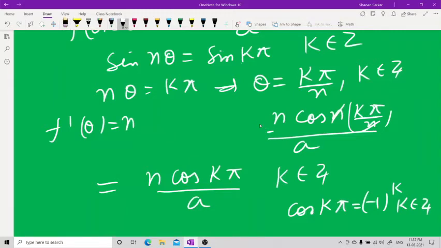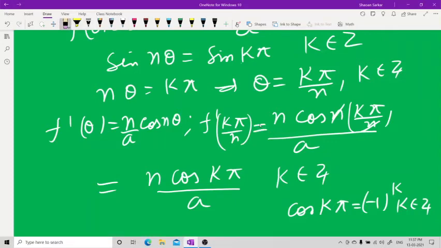F dash, yes, this is f dash is n by a cos n theta. So f dash k pi by n is equal to this.